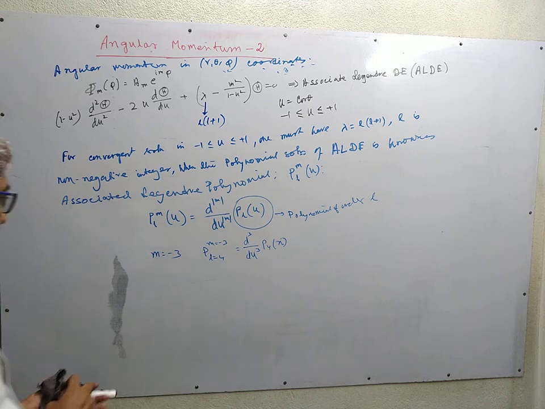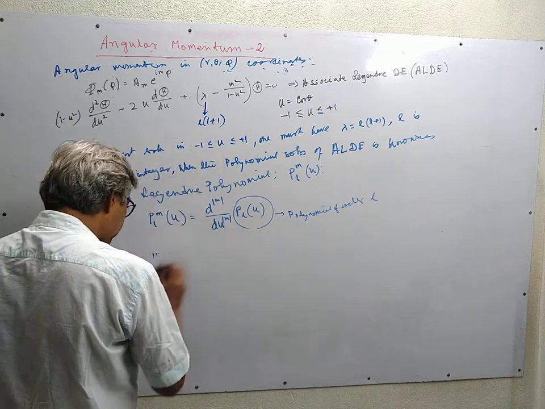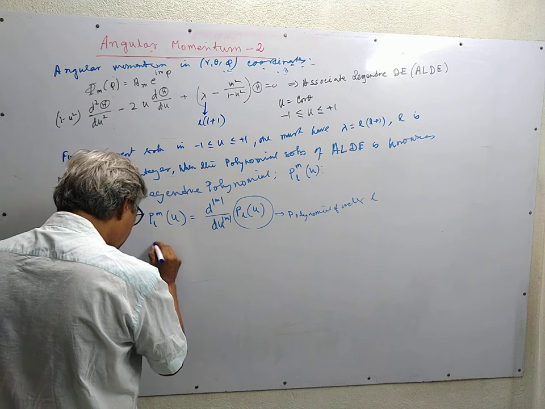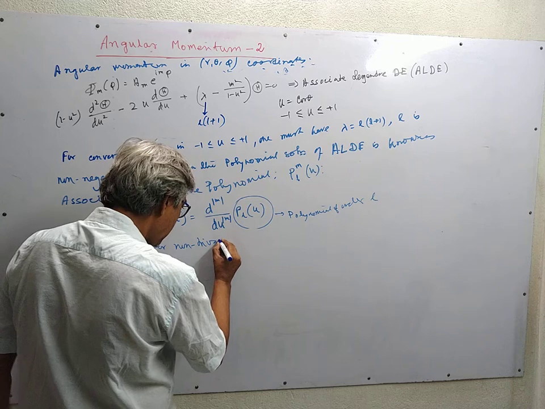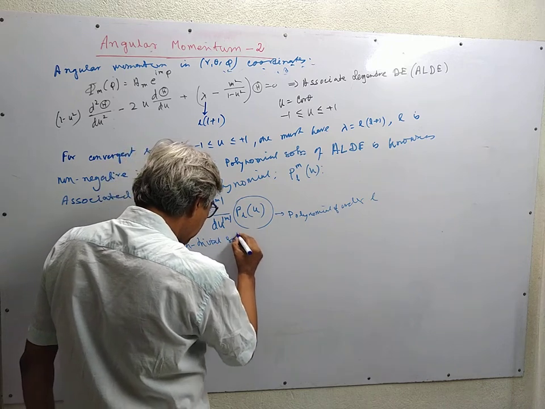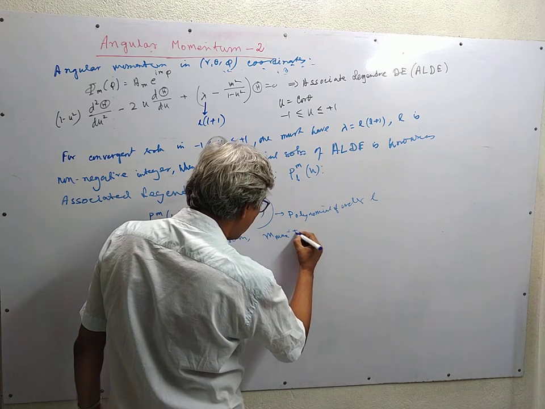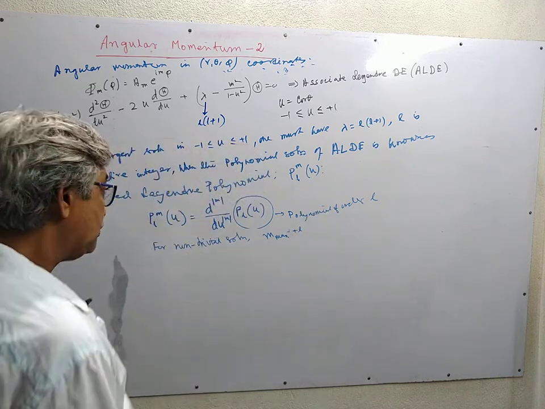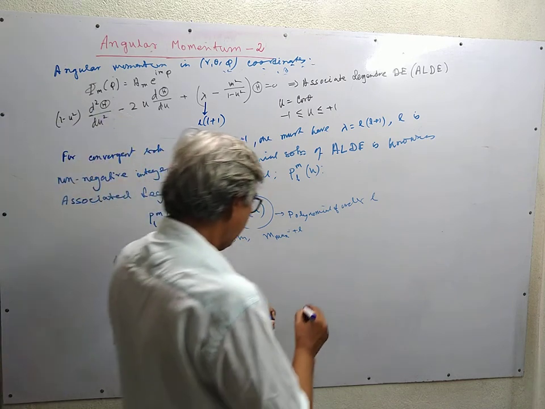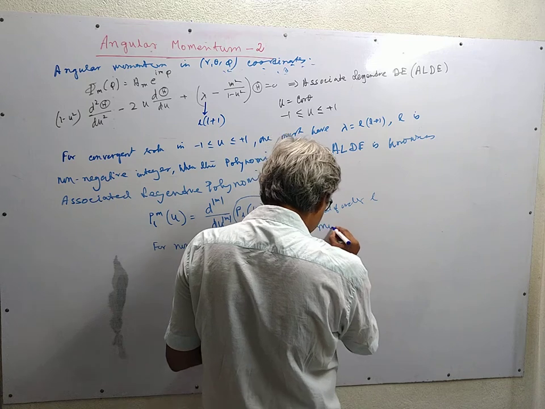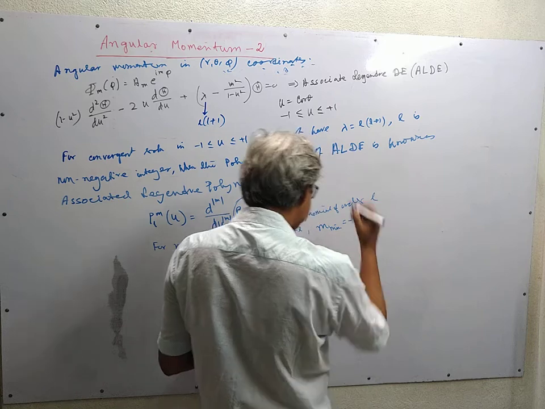So for a non-trivial solution, n max is equal to L. Here we get a restriction, and another thing, n min is equal to minus L.